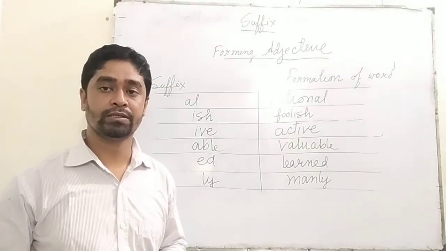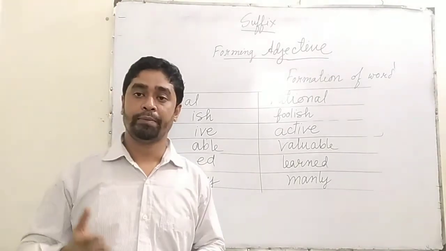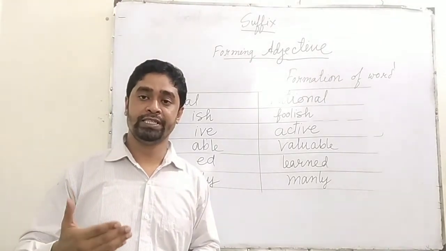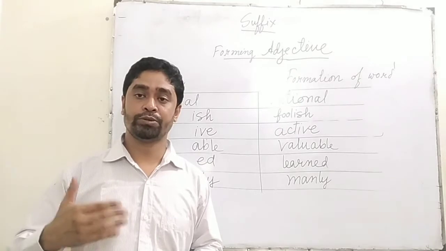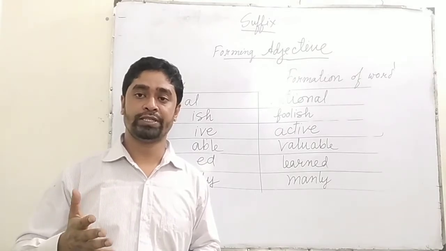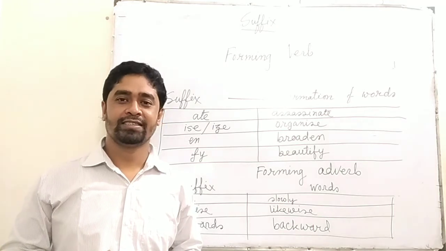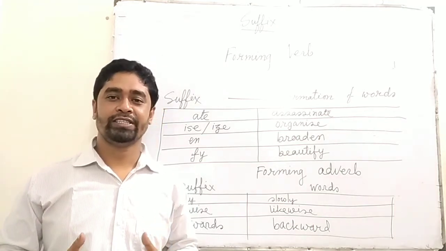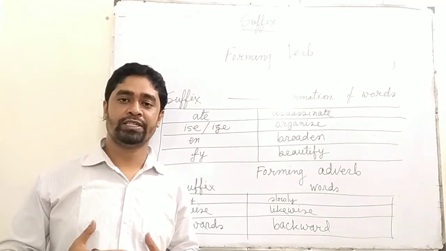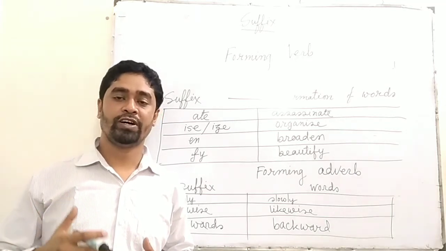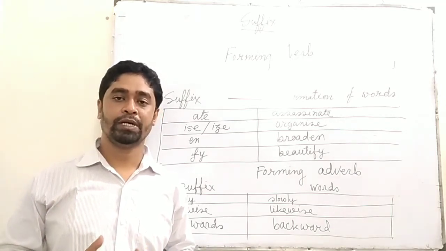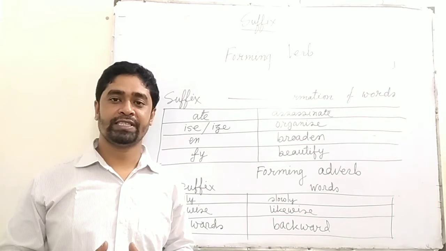That means suffix makes or changes the part of speech of the word. Okay, dear learners, now we find how to change the words into verb and adverb by using suffixes.